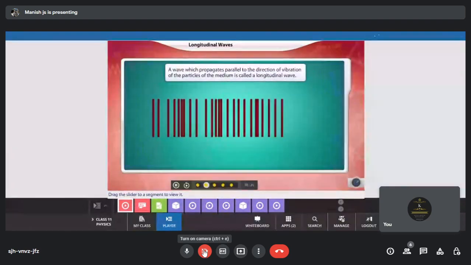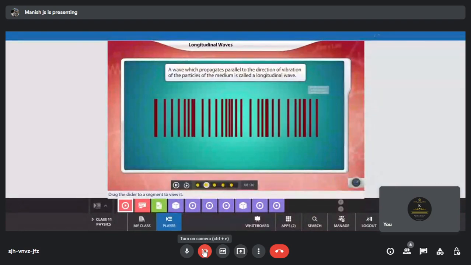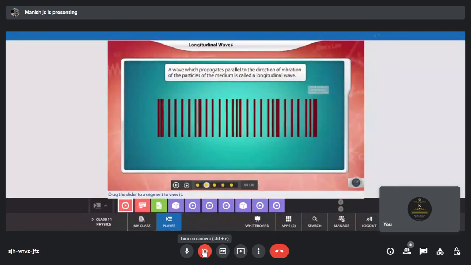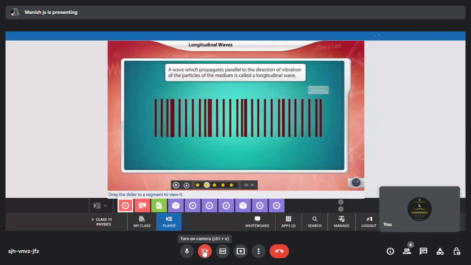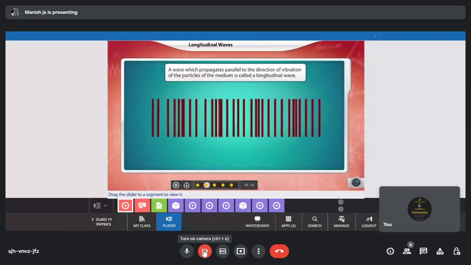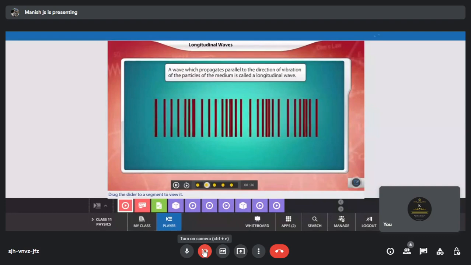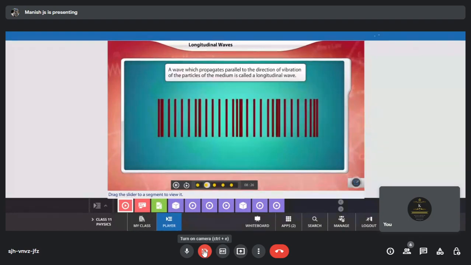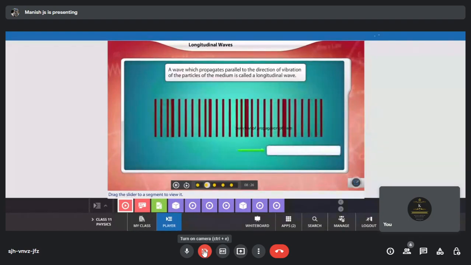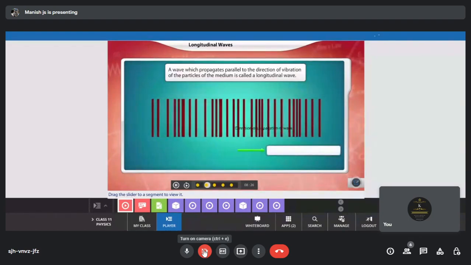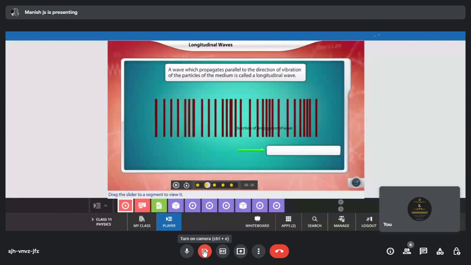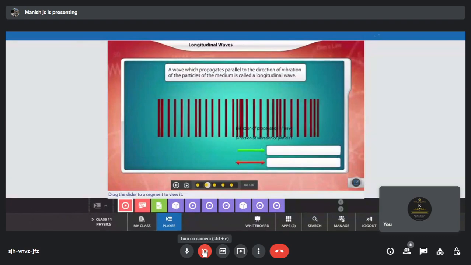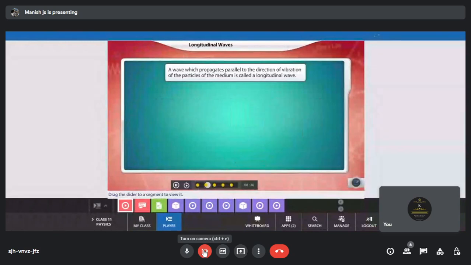A wave which propagates parallel to the direction of vibration of the particles of the medium is called a longitudinal wave. Note here that the direction of propagation of the longitudinal wave is parallel to the direction in which the medium's particles are vibrating. So both of them vibrate along the same direction.